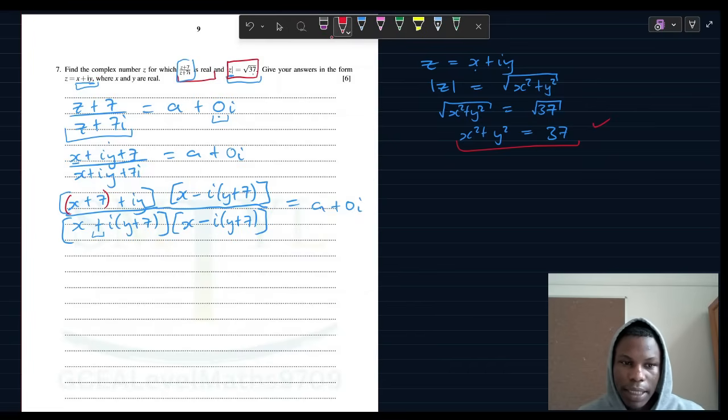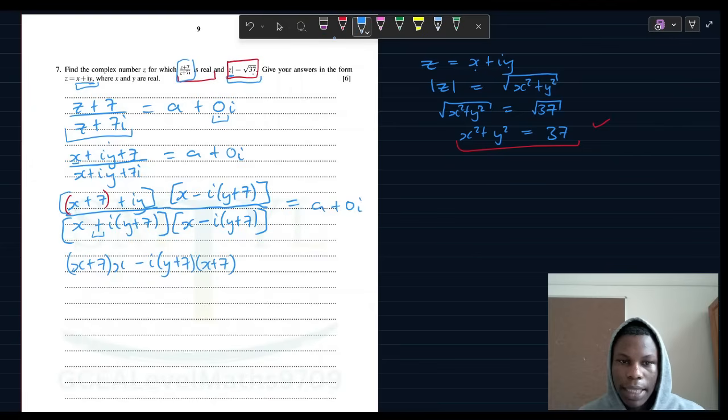So when we're expanding, let's do (x + 7) times x, and then we've got the same bracket again, but now with the i bracket. So that becomes -i(y + 7), and this is multiplying the (x + 7) bracket.